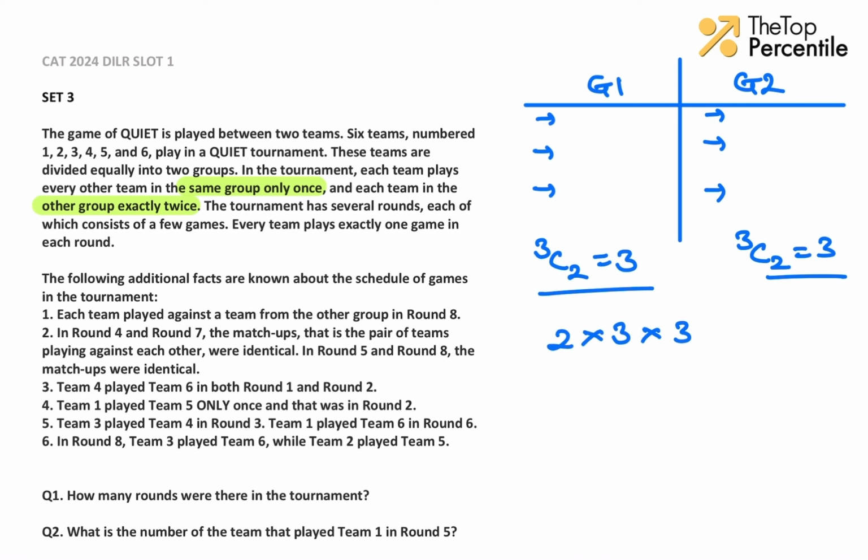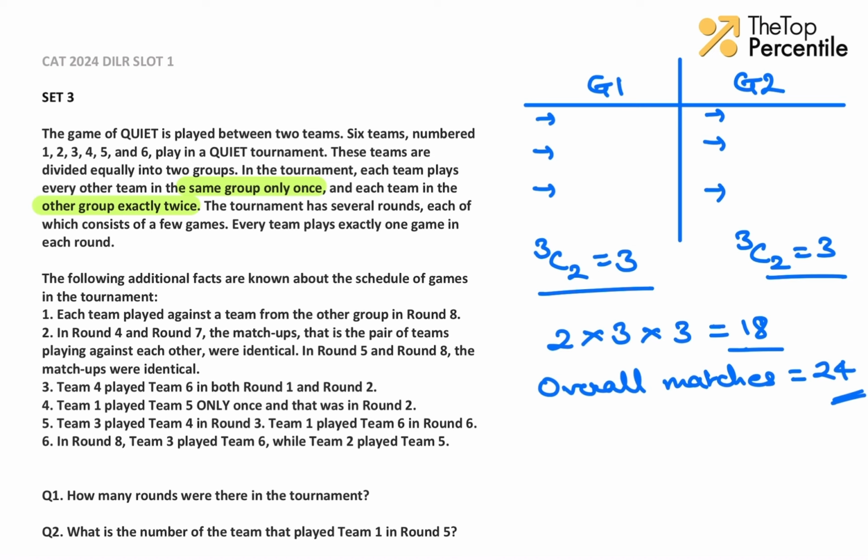So I'll have two matches of them. This will give me 18. So overall matches that will be played will be 3 plus 3 plus 18, which will give me 24.